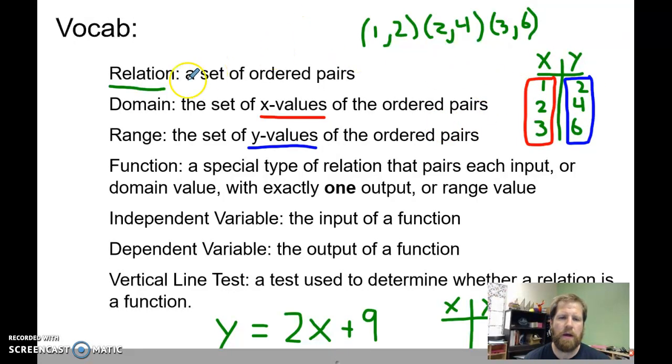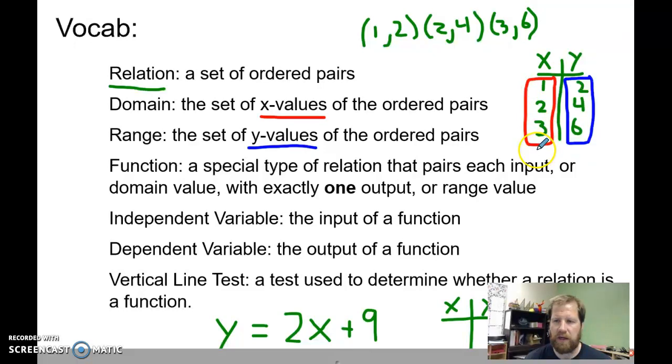Okay, a function is a special type of relation. So it's a set of ordered pairs, but it's a little bit different in that each x value will only have one y value. Okay, so this right here is a function because I have individual and different x values. I never repeat.